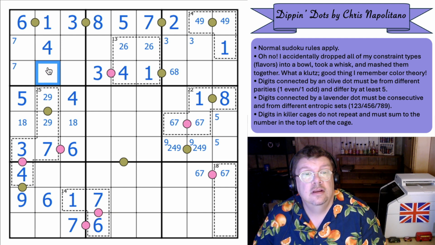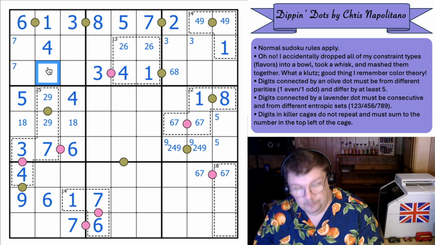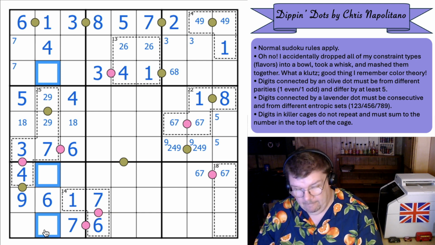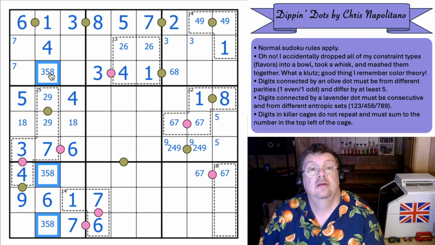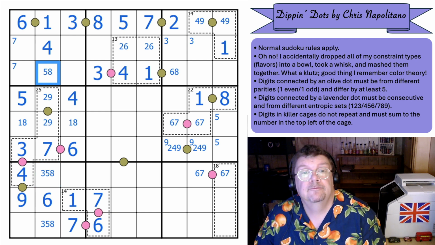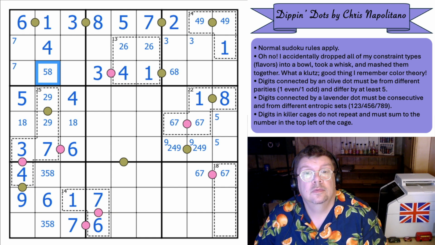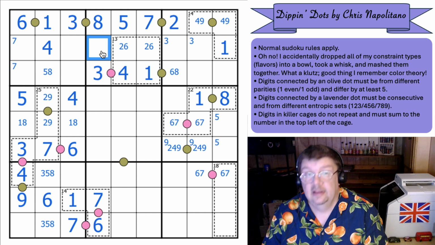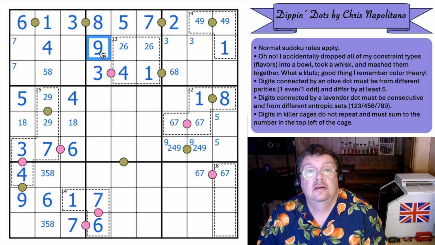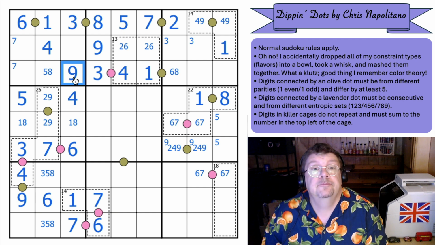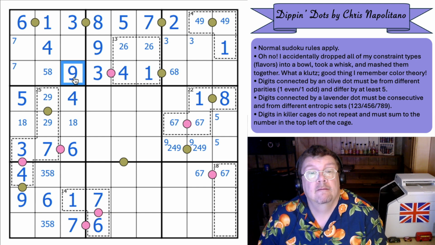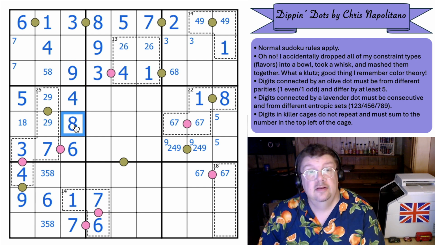So 3, 5, and 8 fill this column. 3, 5, 8. That's not a 3. That's the only cell left in the box, so that's a 9, which places a 9 here. This one is looking up. That's an 8.